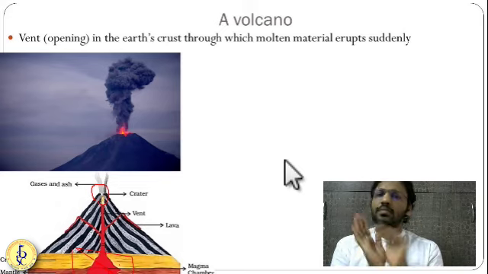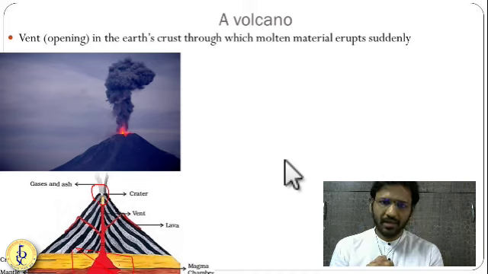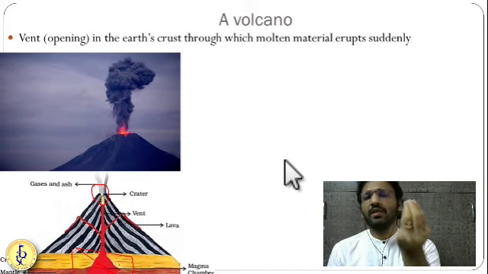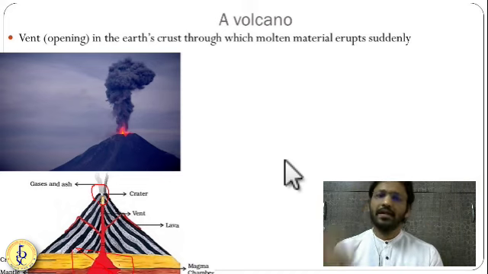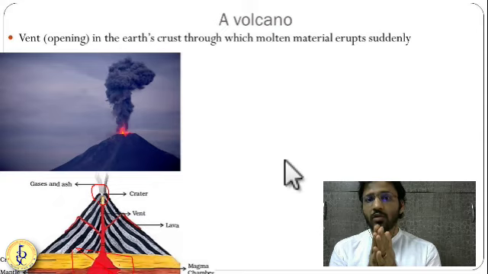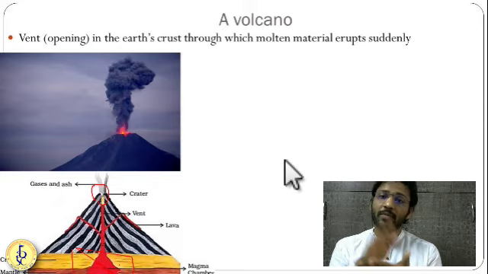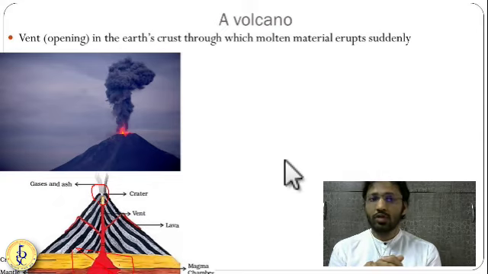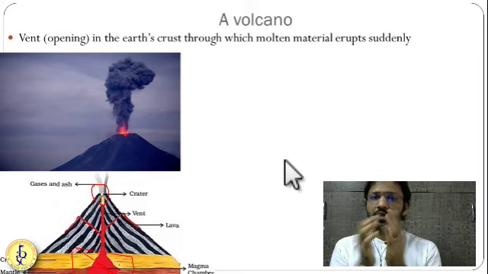Now, we are going to see this volcano in detail. Here you can understand there are various parts of the volcano. It has a pipe, it has a source, it has an opening, and there are different names for these types of volcano depending upon the type of lava which comes out, and the type of explosivity that volcano carries.